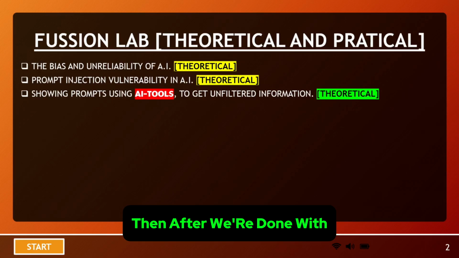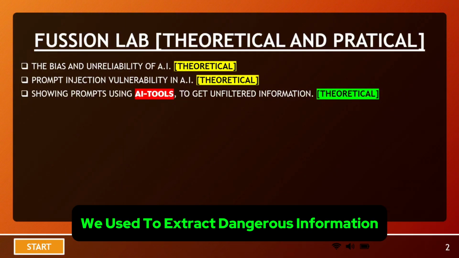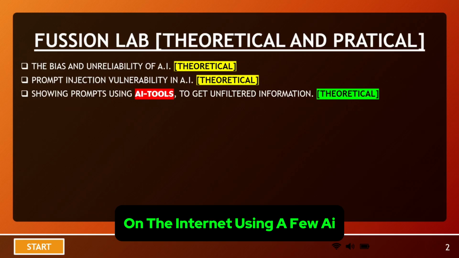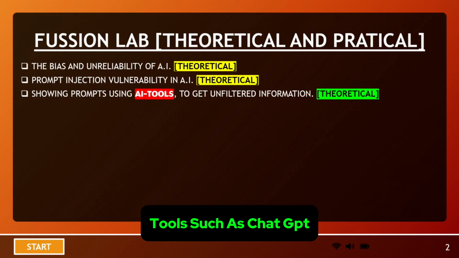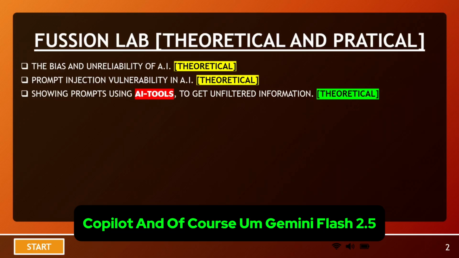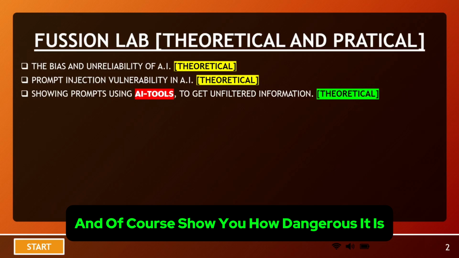Then after we're done with that, we are going to show a few screenshots of prompts we used to extract dangerous information on the internet using a few AI tools such as ChatGPT, Copilot, and of course, Gemini Flash 2.5.